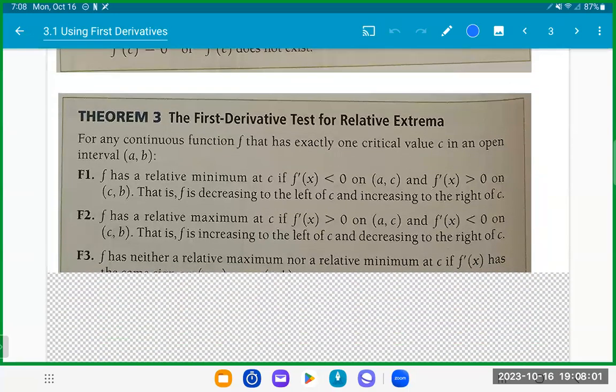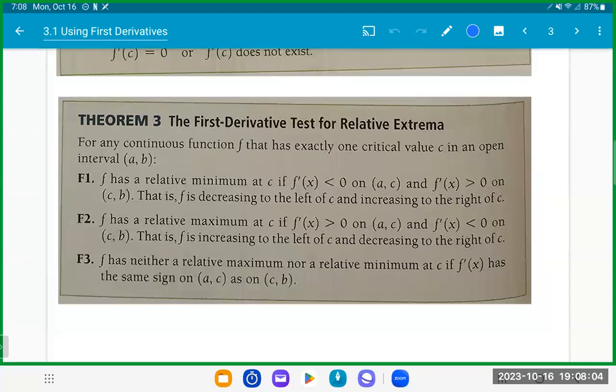And then that leads us into our third theorem, where we are going to use the first derivative test for relative extrema.